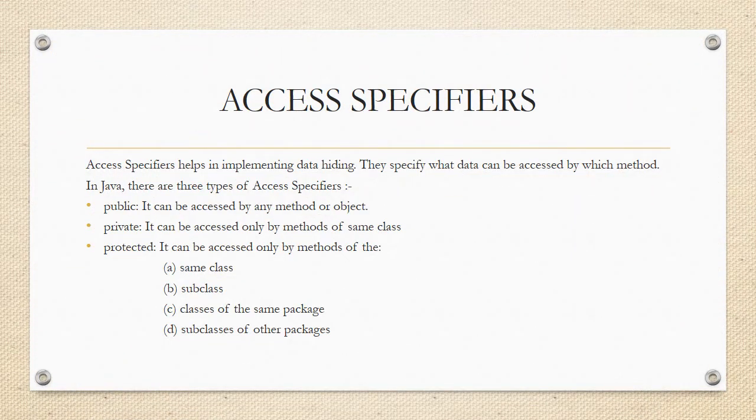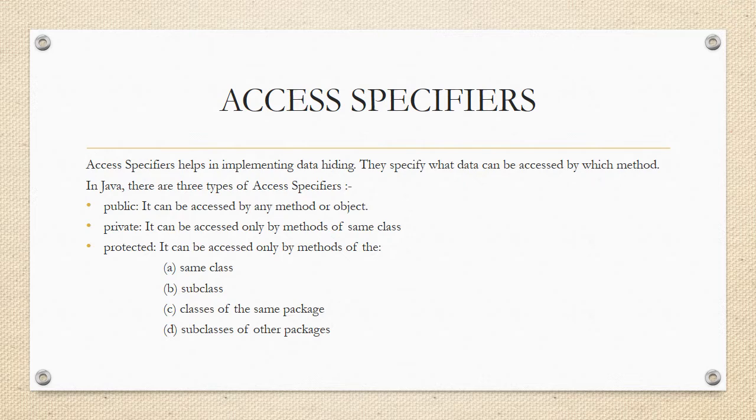Access specifiers are also related to the concept of data hiding, or you can say that access specifiers help in implementing the concept of data hiding. It specifies which data can be accessed by which method.